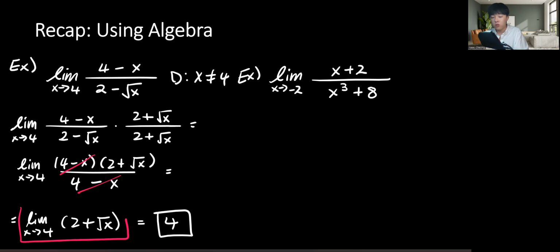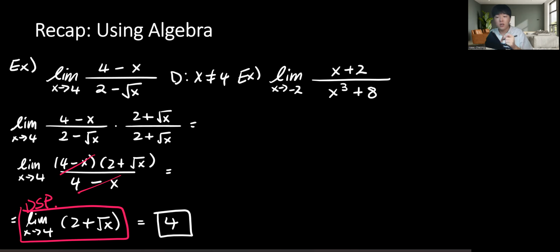Right here, we can use DSP, because 4 is inside the domain of 2 plus radical x. Then we can use DSP.